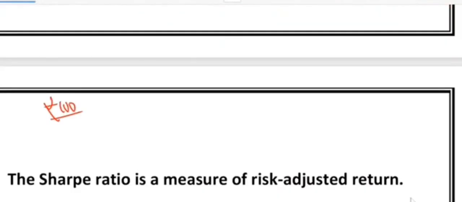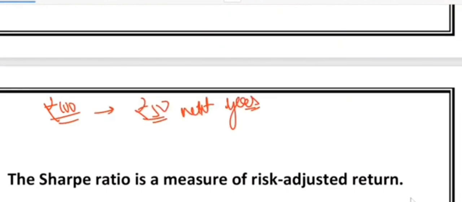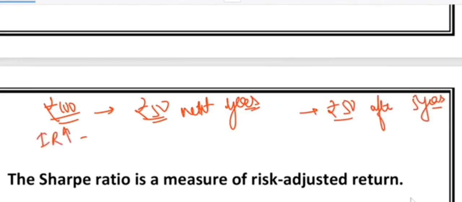Suppose you lend rupees 100 and you expect rupees 50 next year, and rupees 50 after 5 years. Now in this case, suppose the interest rate increases. So what will happen? That 50 rupees in the 5th year is worth much less now. So most of your value is recovered early.